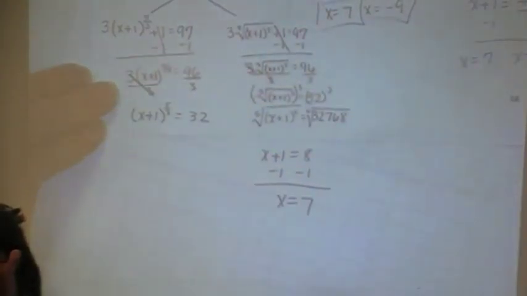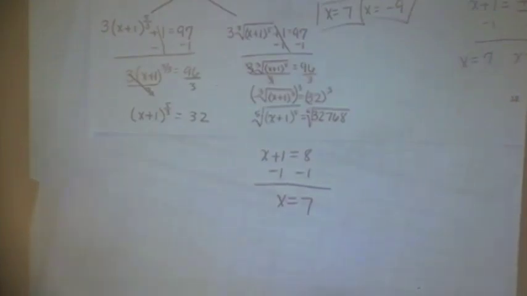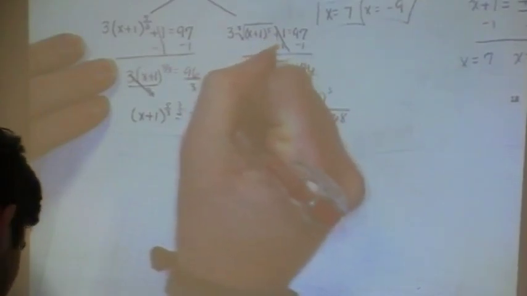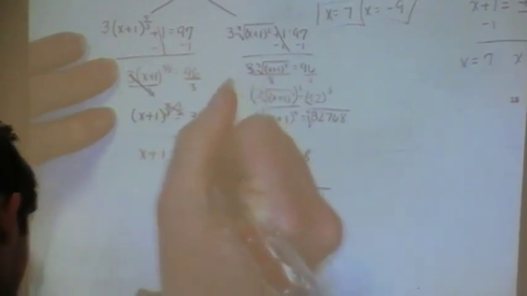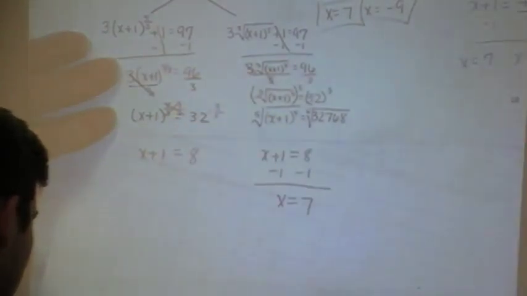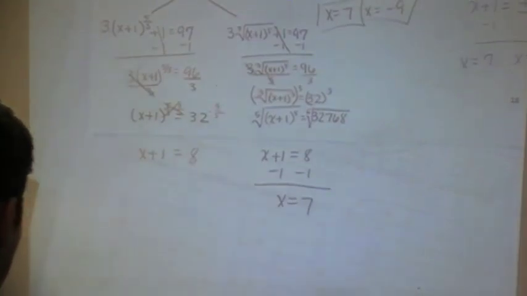And then right here, I can raise this to the reciprocal power. So I'm going to raise it to the 3/5. And when you do, that cancels the exponents on the left, and it gives you 8 when you plug that in your calculator. You just have to plug it in just like that.